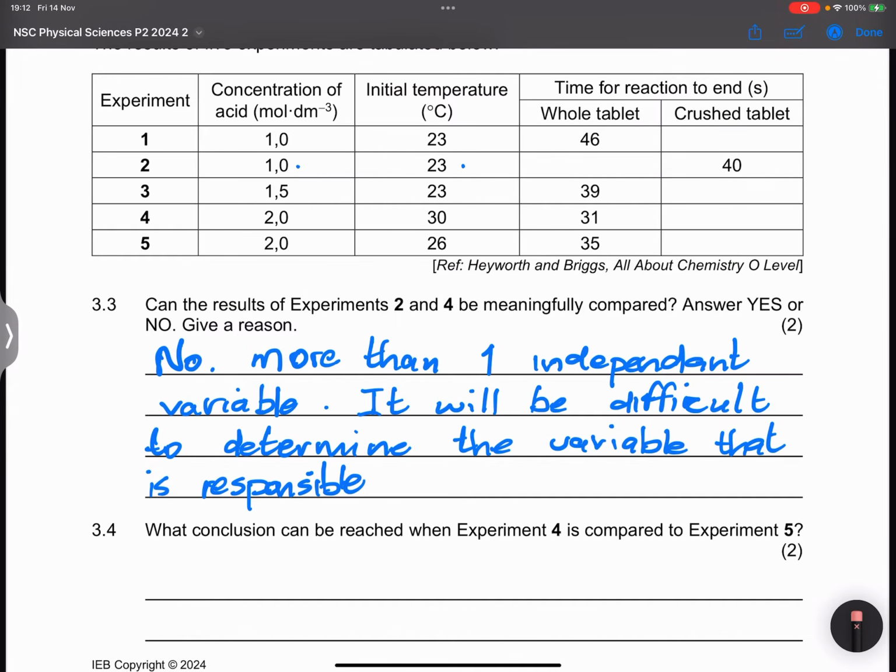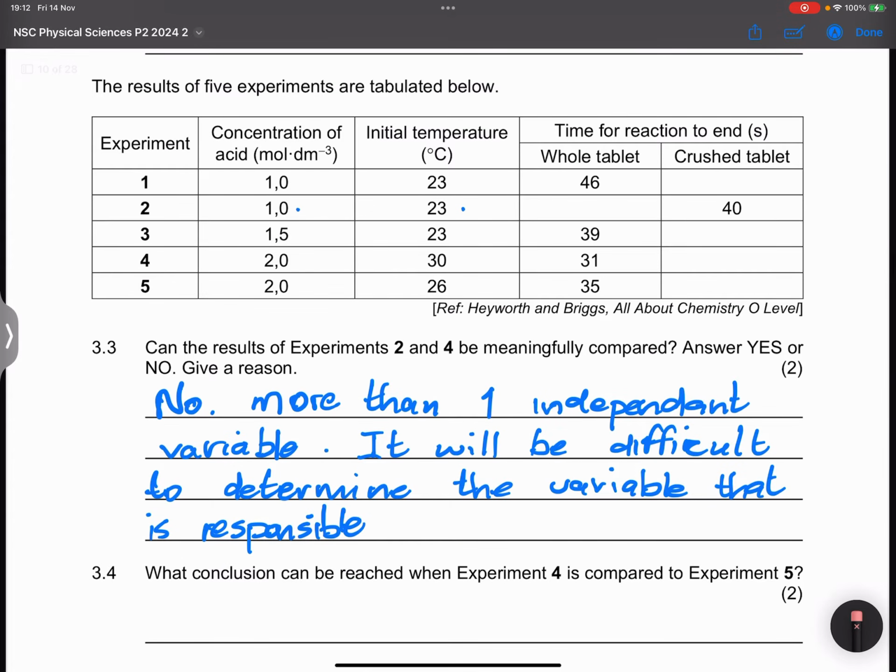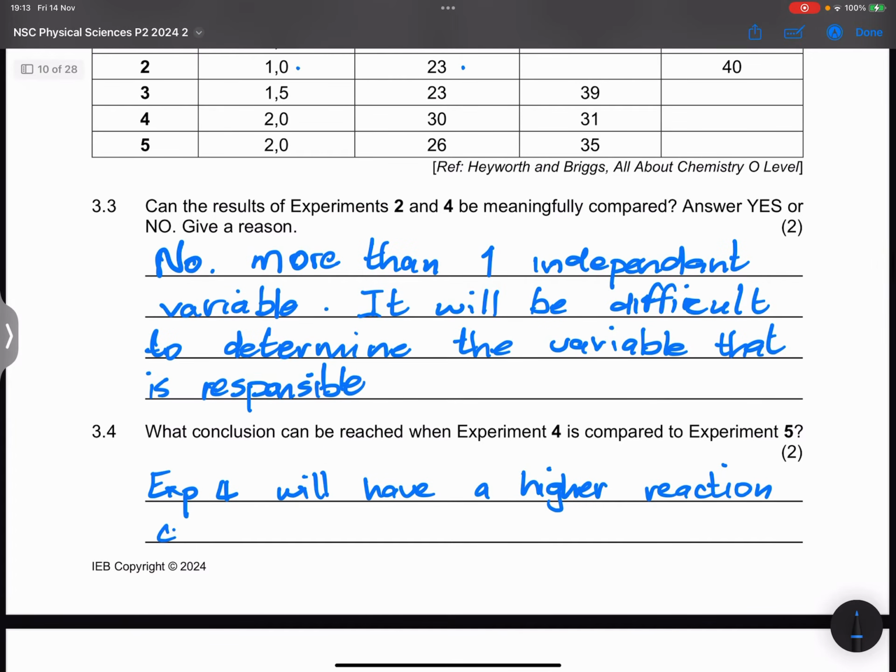Okay, so experiment 4 will have a higher reaction rate compared to experiment 5.